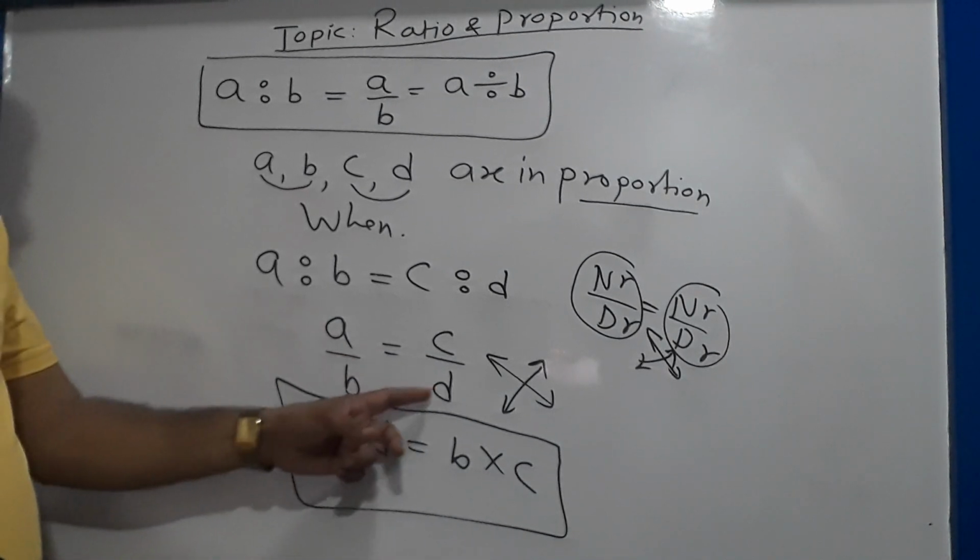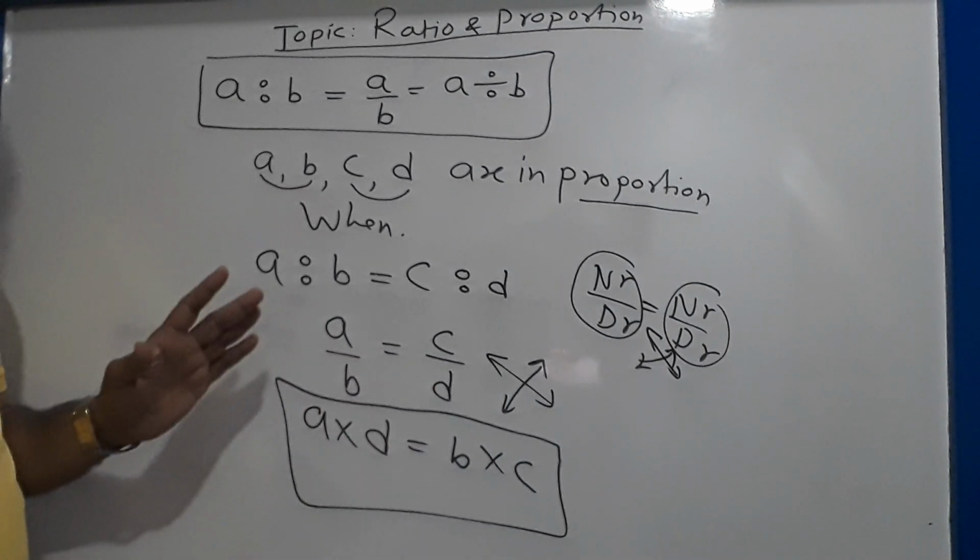So A into D is equal to B into C, correct?